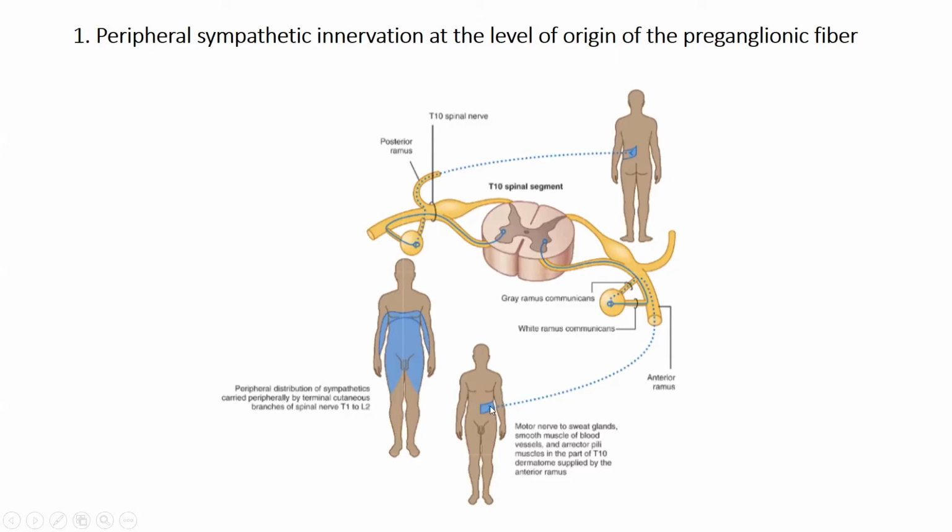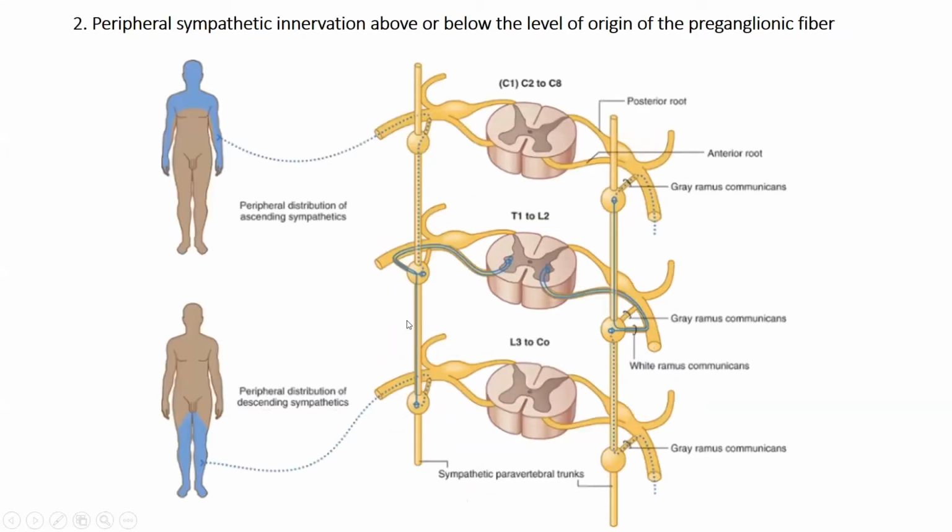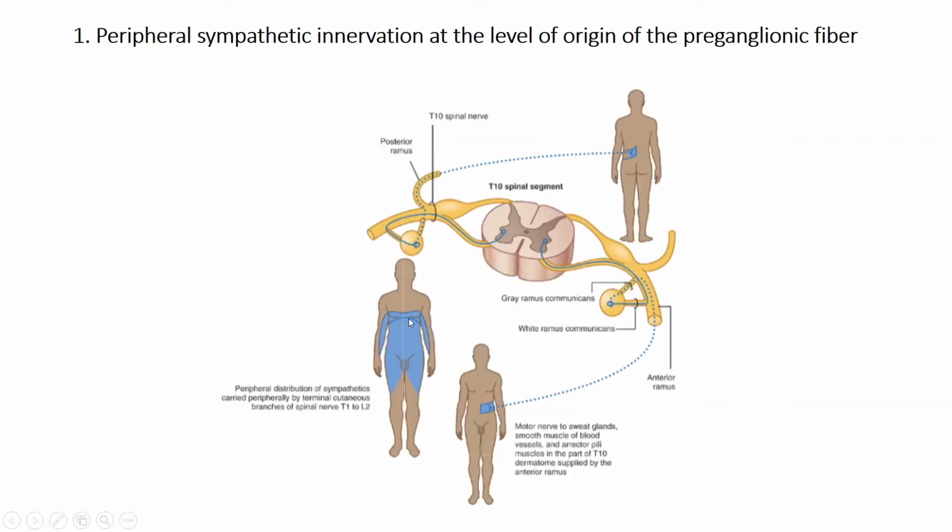Here is the same structure, the sweat glands, the smooth muscle of the blood vessels, and the erector pili muscle of the segment T10, which is the area of innervation of the anterior branch. So this area approximately corresponds to the level of T1 to L2.